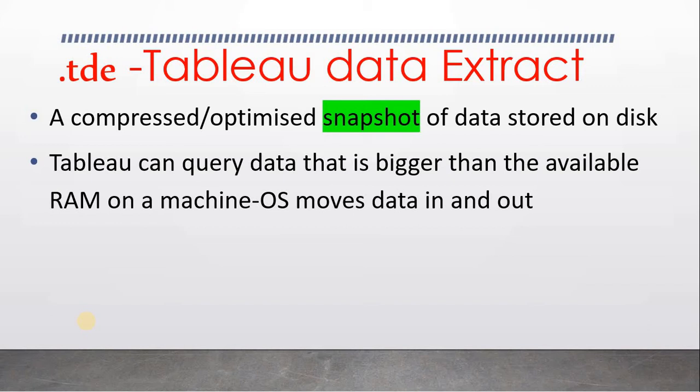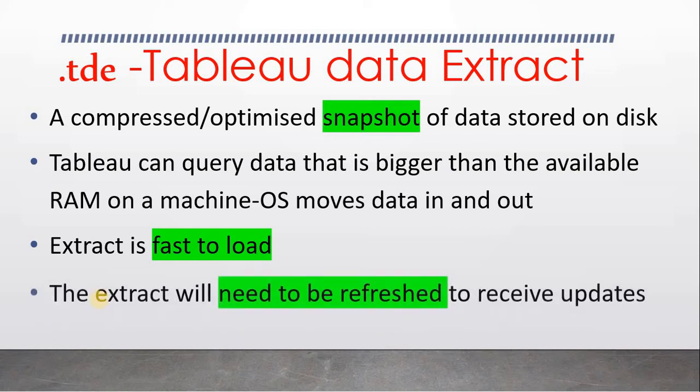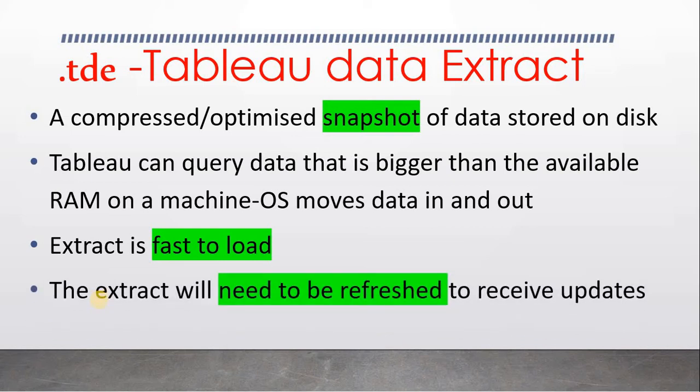So it actually brings in more data, not at the same time, but through swapping. That makes loading fast and makes data storage efficient in Tableau itself. Because of this, every data analyst creates an extract, and then we quickly load it into Tableau for analysis.